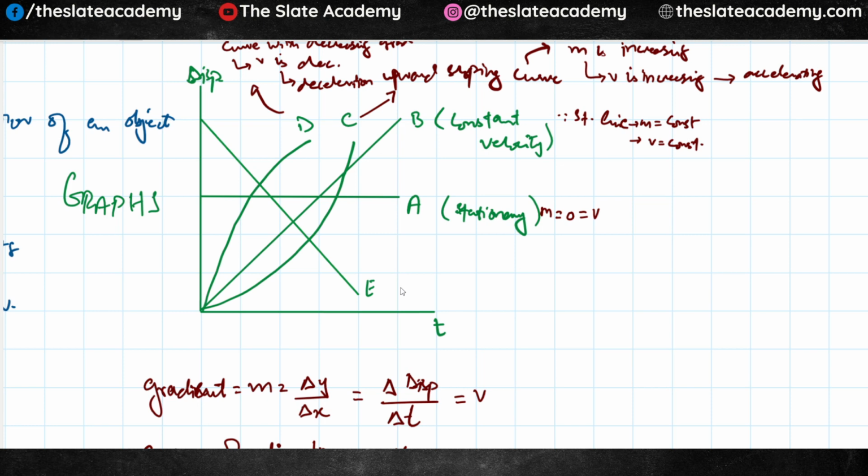We would say, first of all, it is moving with constant velocity. Why? Because the value of gradient is constant, and it's a straight line, so the gradient is constant. So the velocity is constant.